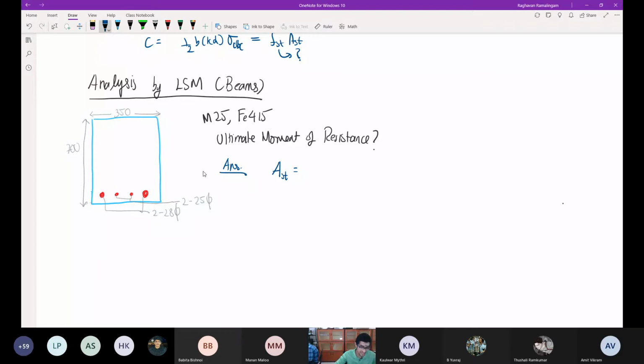I'm not going to write the steps, I just want the number now. What is the total area of steel?